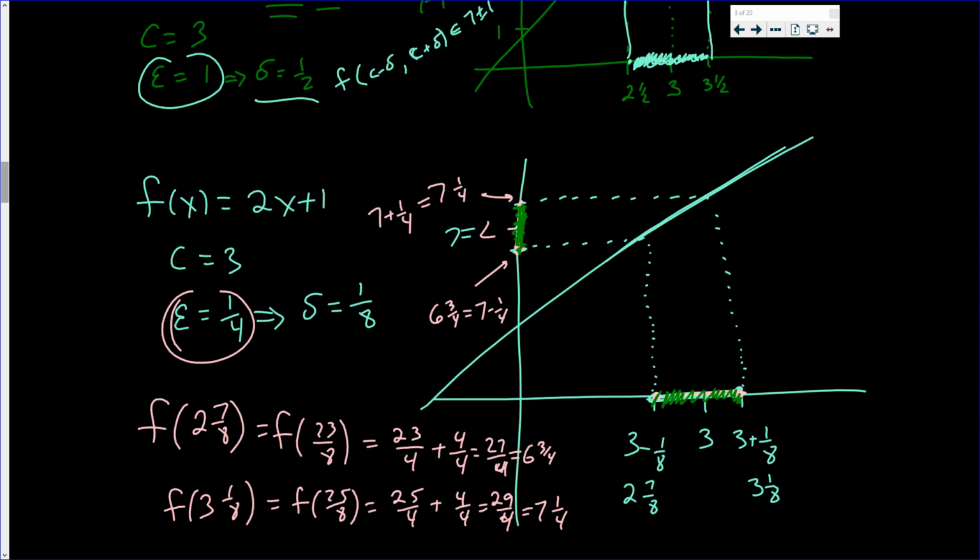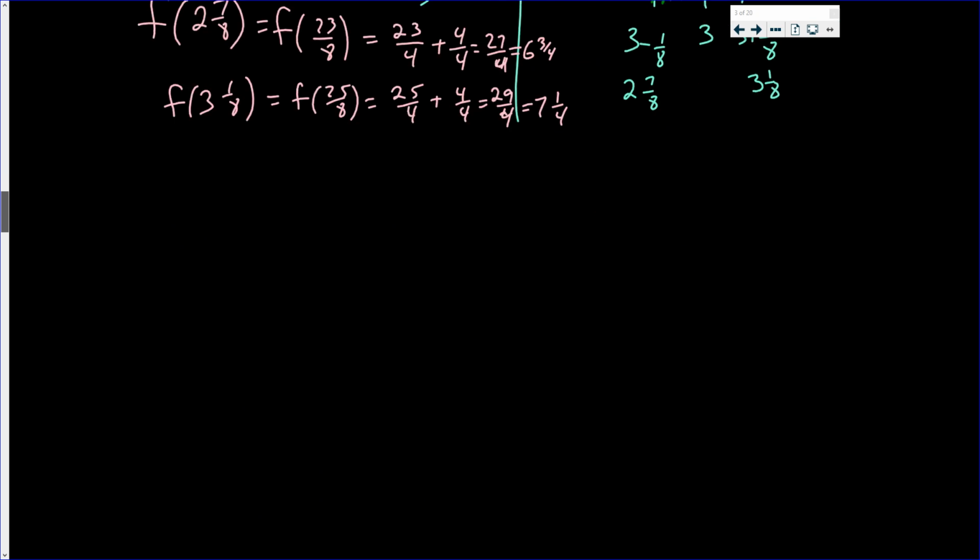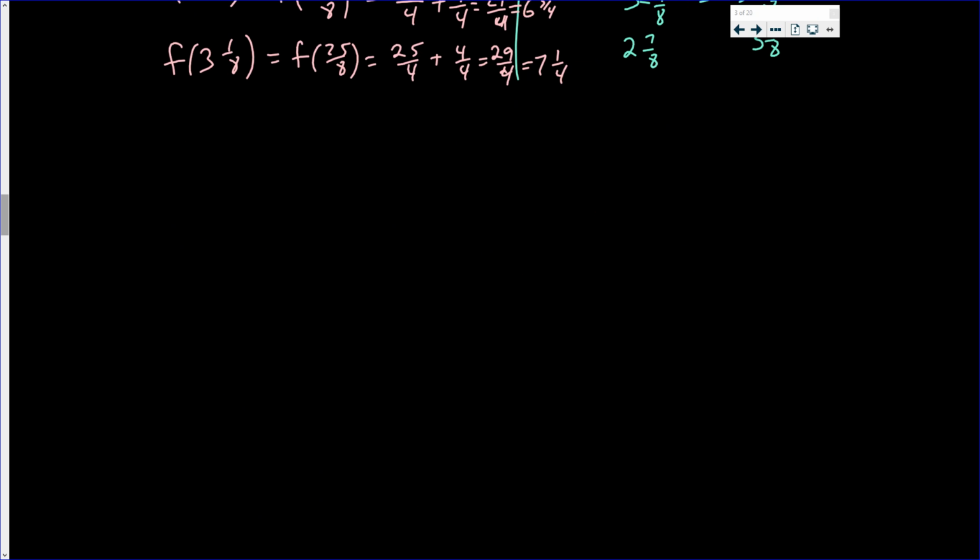If I make this width a little bit smaller, maybe instead of 1/4, I make it smaller, well then I'll find a smaller neighborhood around 3. But the bottom line is, this is working nicely. Okay, let us prove another limit.